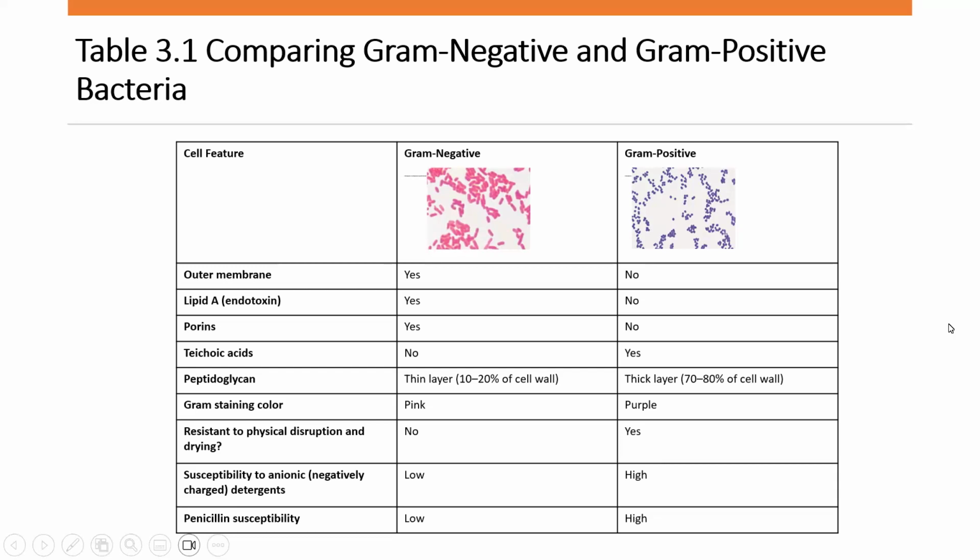From the standpoint of a lot of what we're doing in the class, I would encourage you to be familiar with which one's pink and which one's purple, and also to think about how the cell wall functions for these cells from an infection standpoint, so how antibiotics work, and from a growth in the environment standpoint, how the cell wall is potentially aiding or impeding the cell's ability to survive.